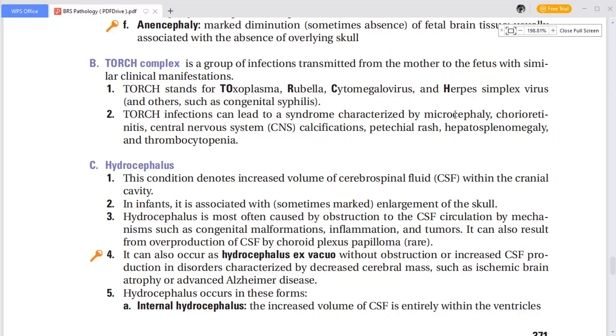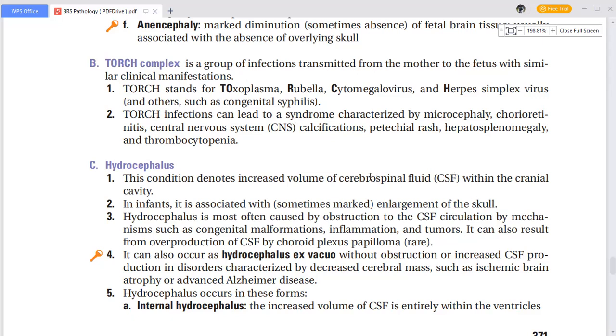What is petechial? Petechial is more like just small bleeding because of infection. So the fetus will be born with infections or rash secondary to the TORCH infections.